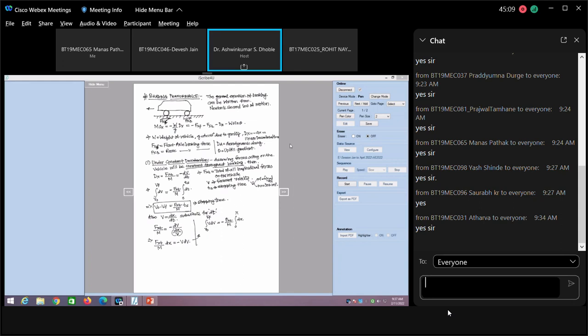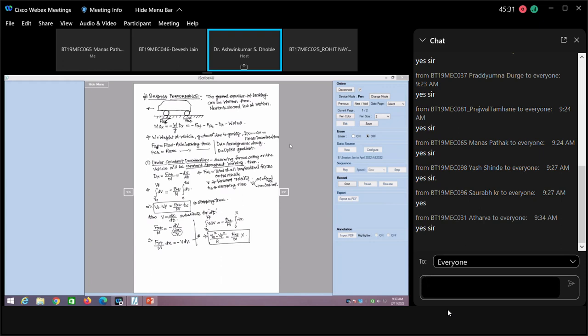If you do this, you will get the final result: v0 square minus vf square divided by 2 is equal to Fxt by m into x, where x is the stopping distance traveled during deceleration.